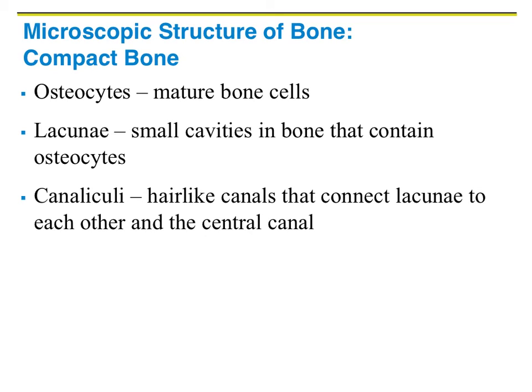Osteocytes are mature bone cells. Osteocytes begin as osteoblasts that secrete the matrix. They get trapped in the matrix to become the mature cells known as osteocytes. Osteocytes are found in small pits or cavities known as lacunae.